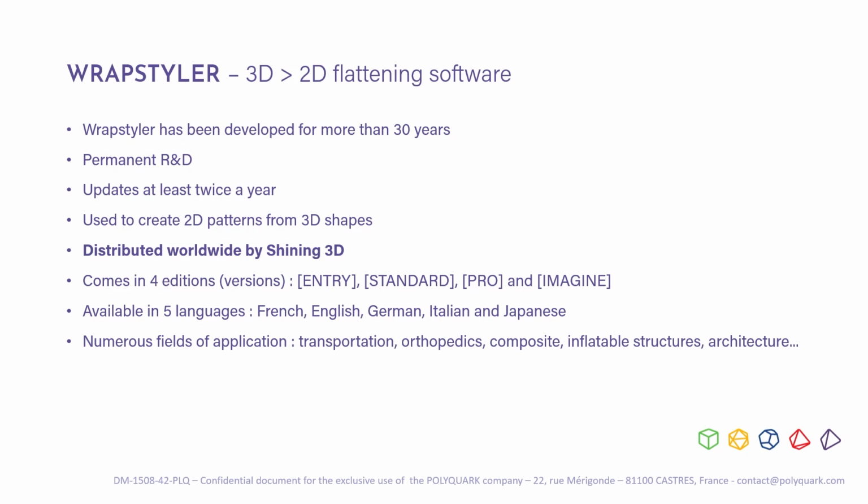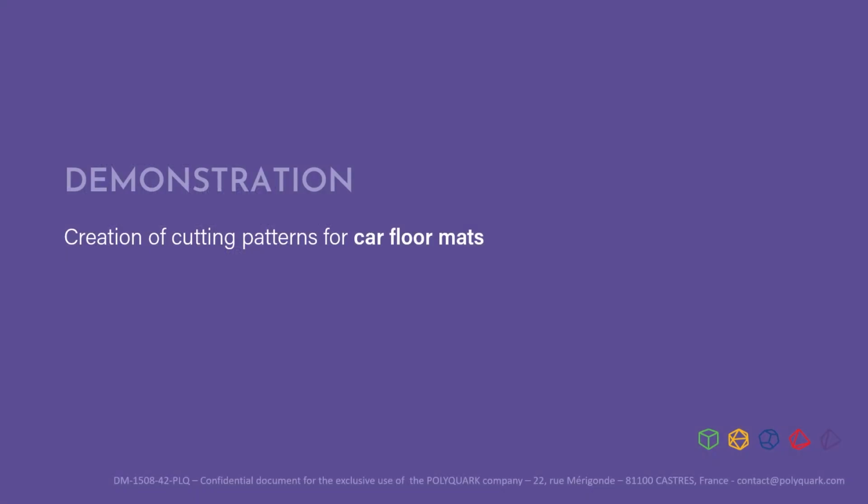In transportation, it can be used for a lot of things: to create patterns for seats, to create composite parts, to wrap dashboards, or even to create patterns for adhesive film protection, and of course, to create floor mats like we are going to see today. So let's dive into it.